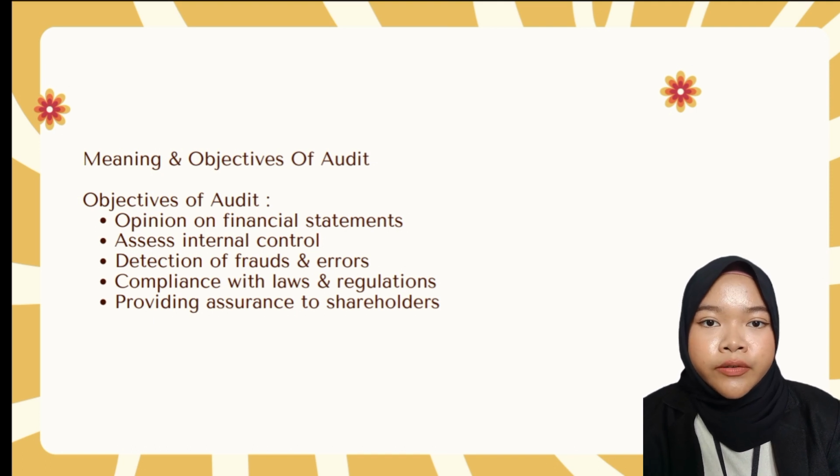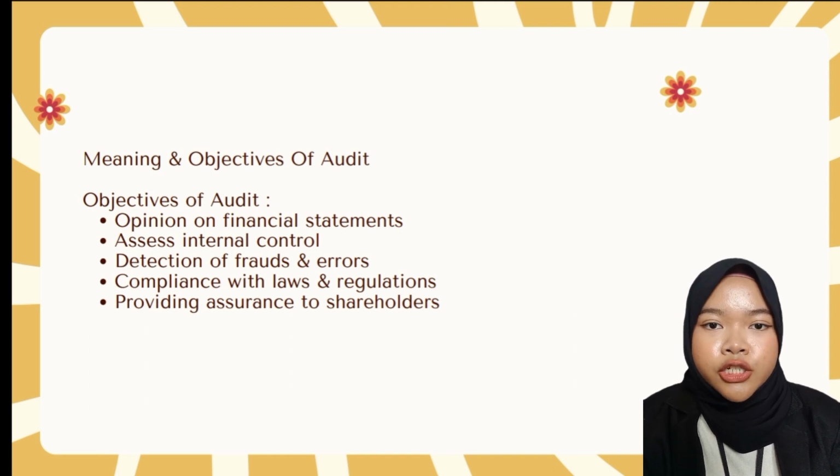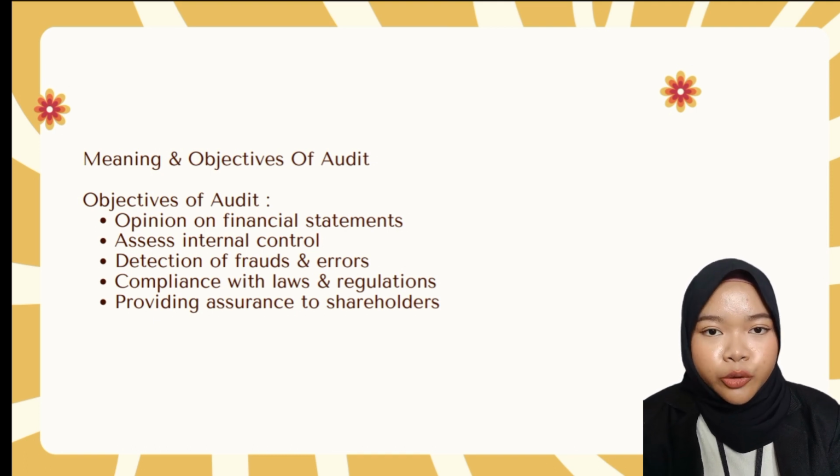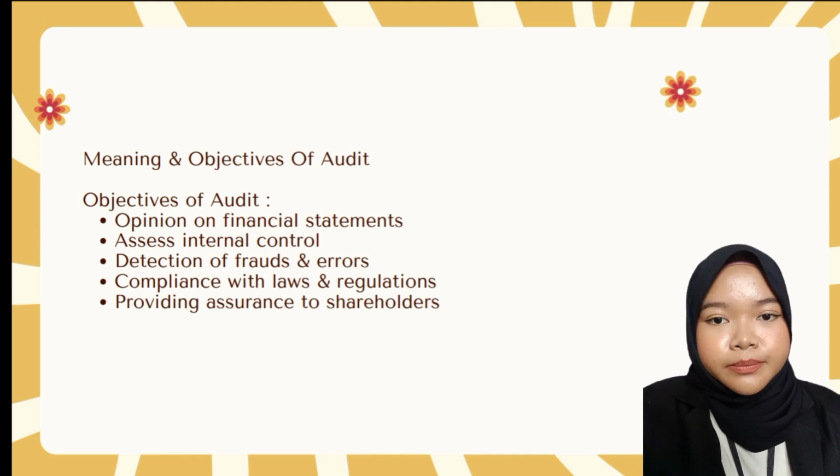The objective of an audit is to provide investors and other stakeholders or shareholders with reasonable assurance as to whether the financial statements taken as a whole are prepared in accordance with the applicable financial reporting framework and are free from material misstatement. An audit is important as it provides credibility to a set of financial statements and gives the shareholders confidence that the accounts are true and fair.